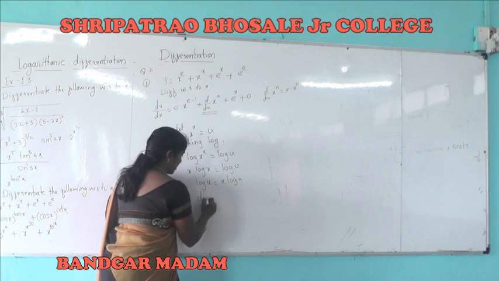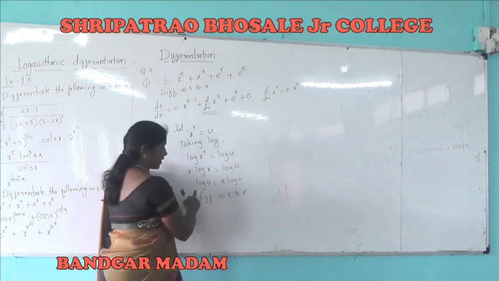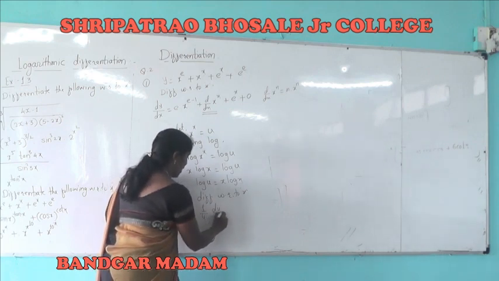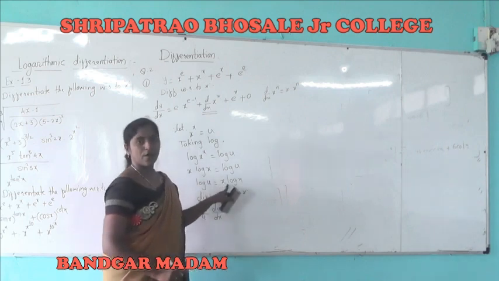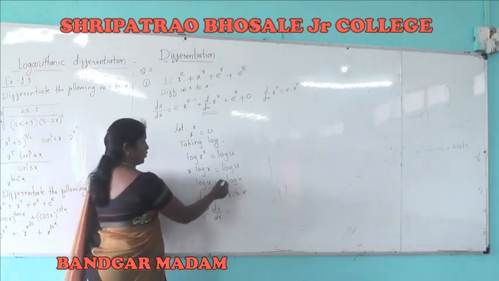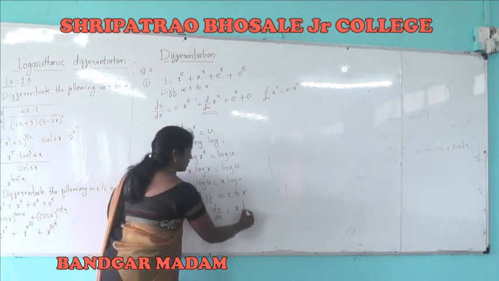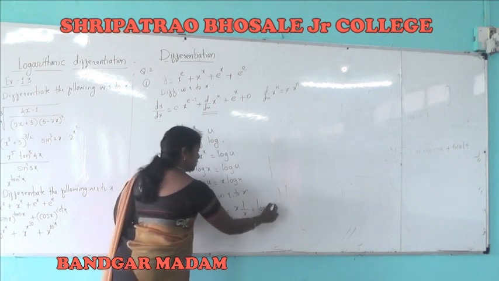So differentiating with respect to x, we get derivative of log u, 1 by u into du by dx, is equal to derivative of x into log x using product rule, u into v form. We get x as it is, derivative of log x is 1 by x, plus log x as it is, derivative of x is 1.